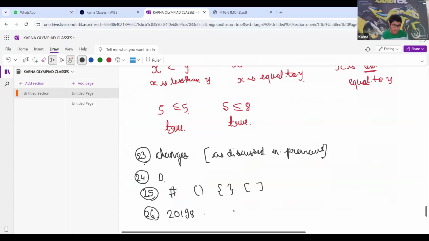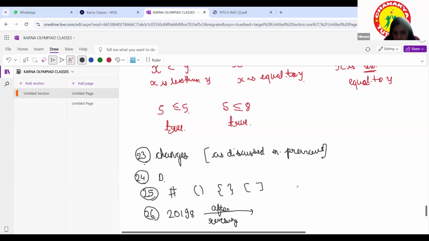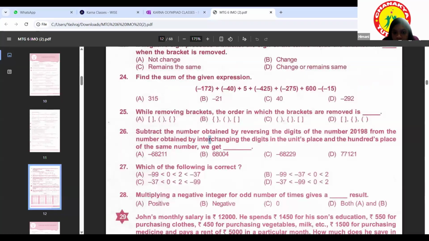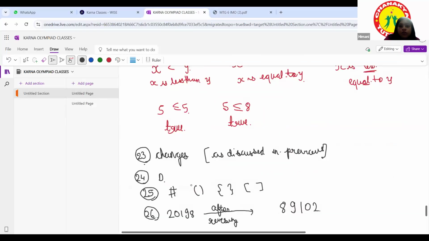20198. Ma'am, it's 89102. 89102. Now what are they asking? From the number obtained by interchanging the digits in the units place and the hundreds place of the same number. Simple.